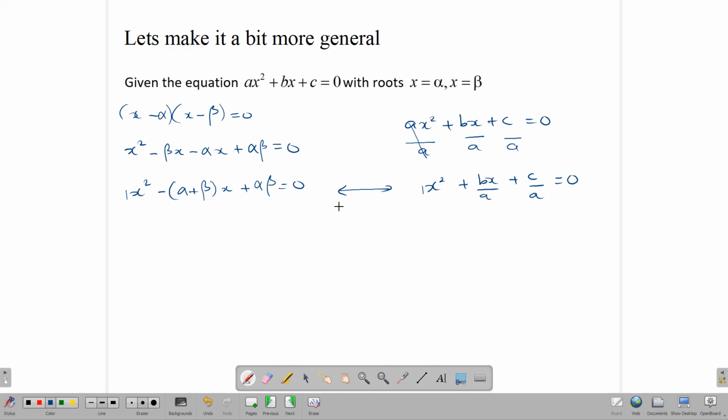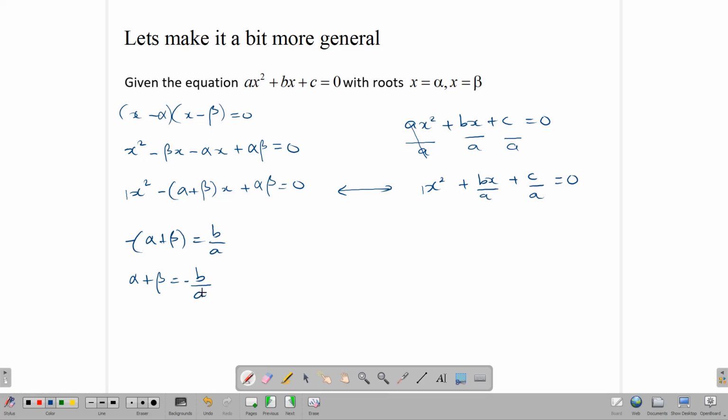And what that is telling us is that minus alpha plus beta is equal to b over a. We can write this a little differently by multiplying both sides by minus 1, and what we end up with is alpha plus beta is equal to minus b over a.